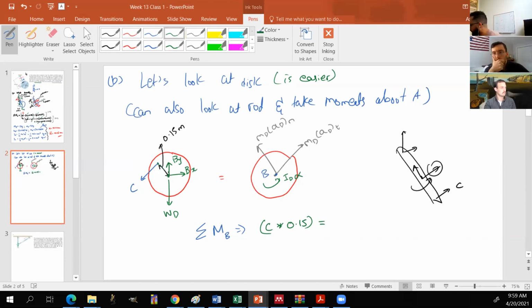And that, because I'm looking at the point B, is just equal to I_D alpha, like that. That's it. One expression for one unknown, because everything else is known, right? Because I_D is known and alpha is given to you in the problem. So you get that solving this expression at the pin, the reaction force there is just equal to 30 newtons. So your direction that you assumed is correct.